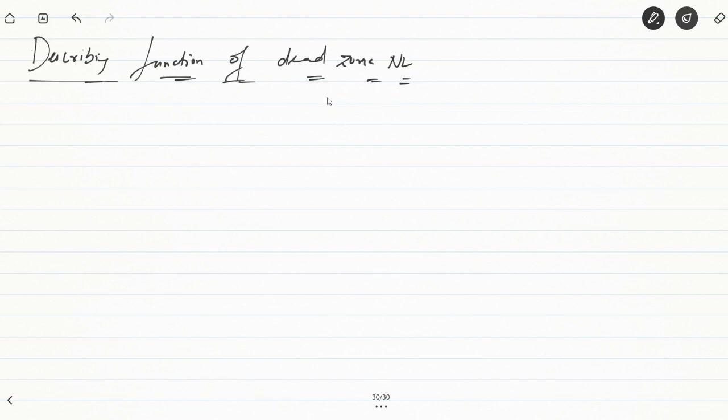So looking at the dead zone nonlinearity, we basically have a period on either side of the y-axis where your output is 0.